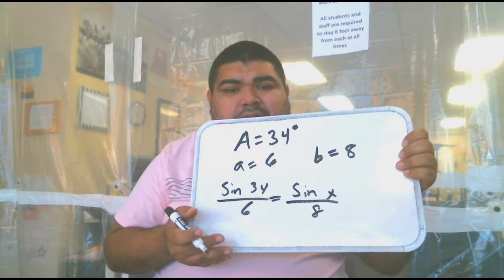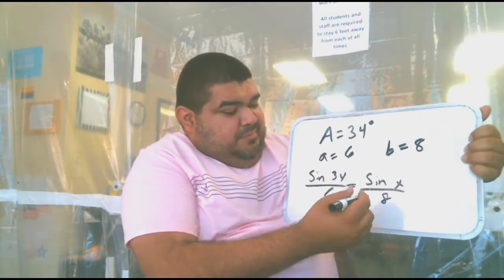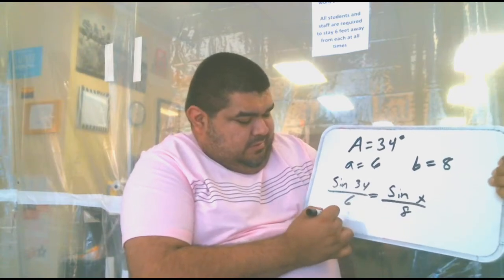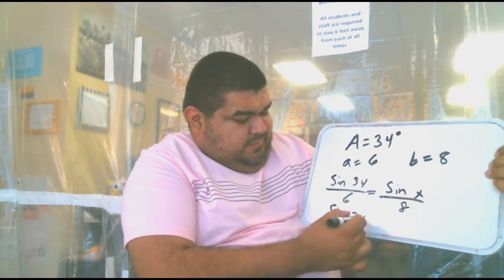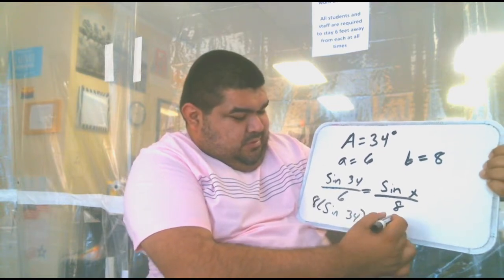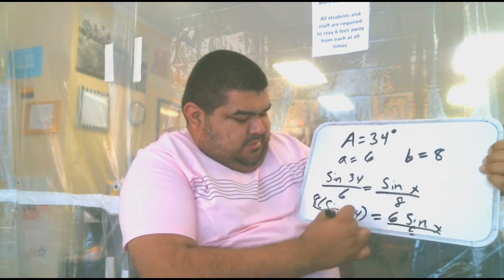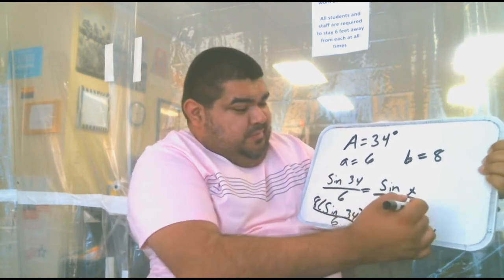Okay. We plug it in our calculator. Well, first of all, we can actually this time cross multiply. We have sine of 34, put an 8 in the front, equals 6 sine of x. Divide by 6, leave sine of x alone.